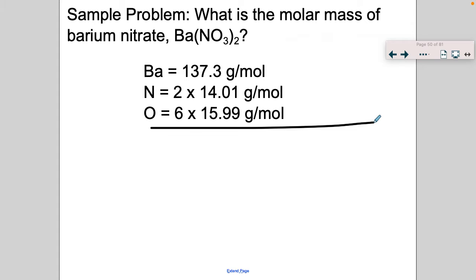All right, handy dandy calculator. 361.26. Yep, that's what I got. Grams per mole.